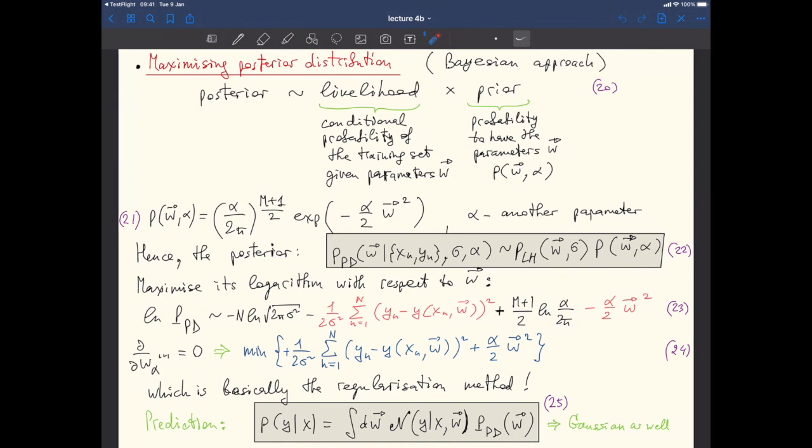And in fact, it appears that the mean of that final prediction distribution would be identical to the mean obtained by maximizing the posterior distribution. However, an additional advantage of using this Bayesian approach is that you can give the bounds to the predicted value y for the given x.